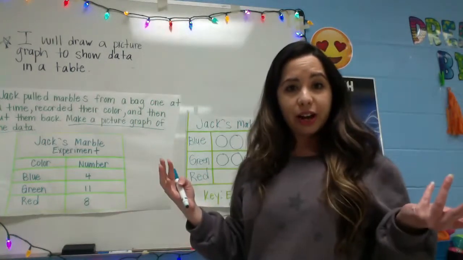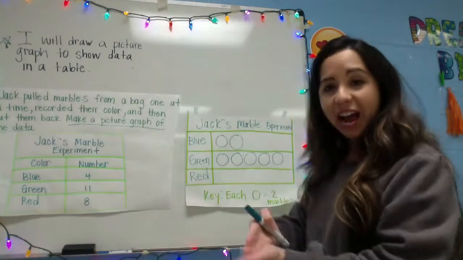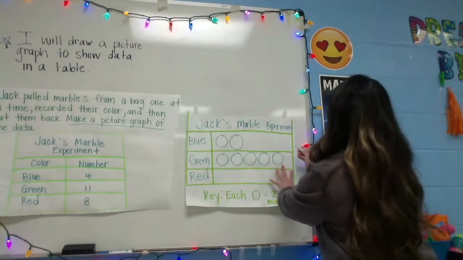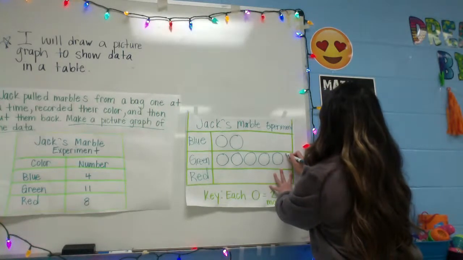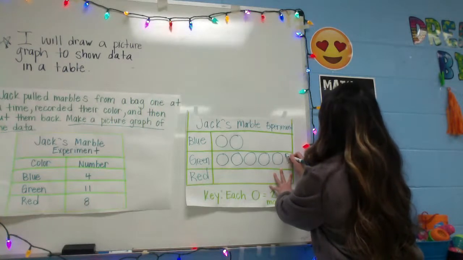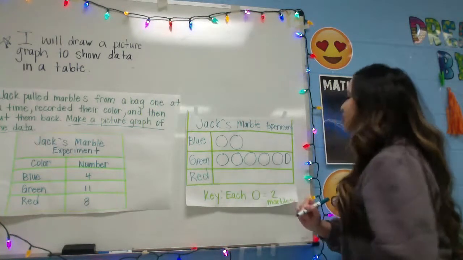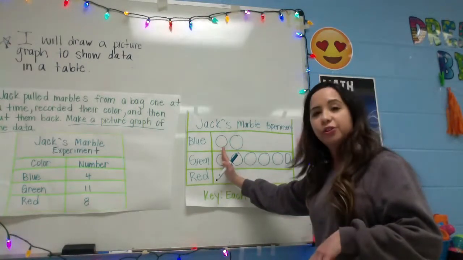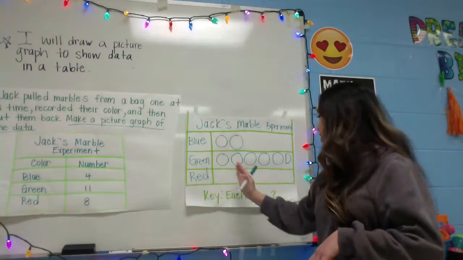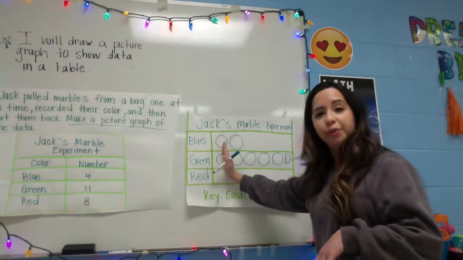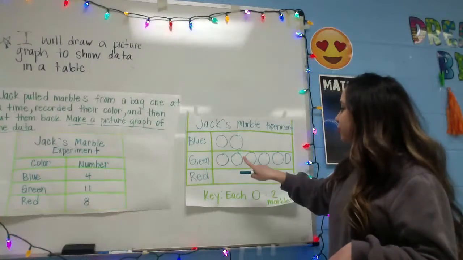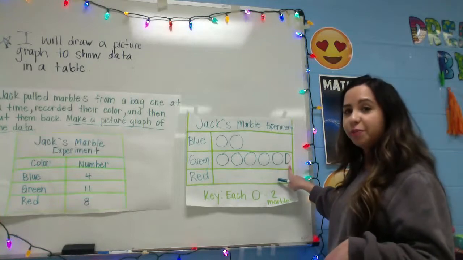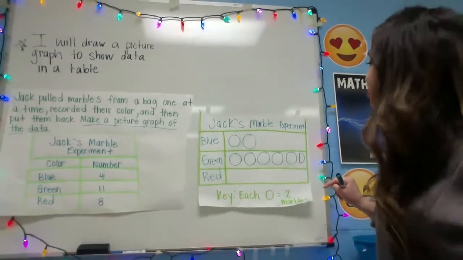So remember, like yesterday, those half symbols represent 1. So what I can do is draw a half circle. If each circle represents 2, if I half the circle, that's like division. So half of a circle would be 1. So look, 2, 4, 6, 8, 10, plus the half circle would be 11. Please don't make fun of my half circle.